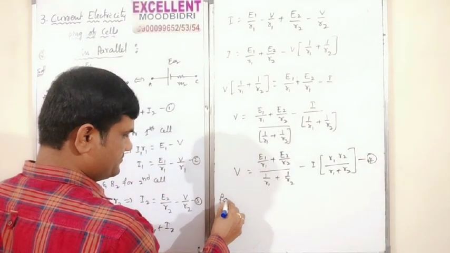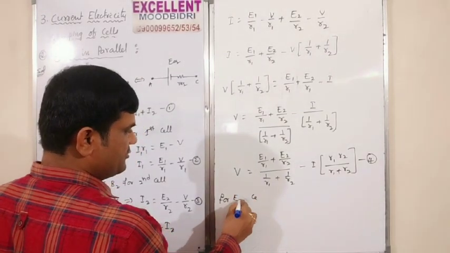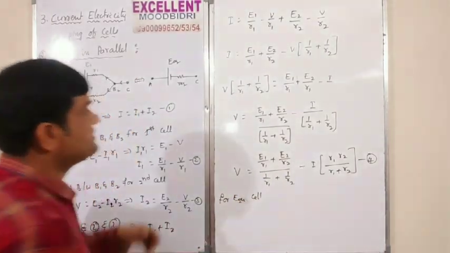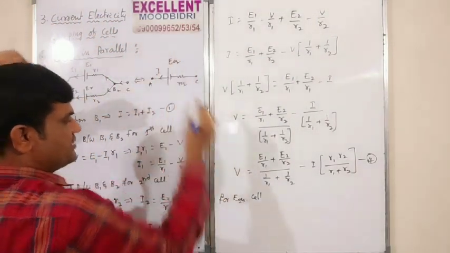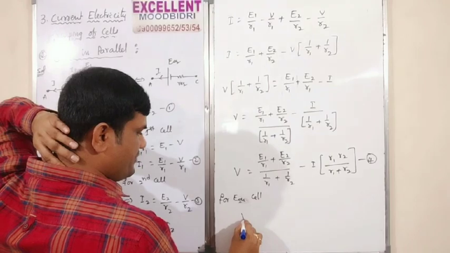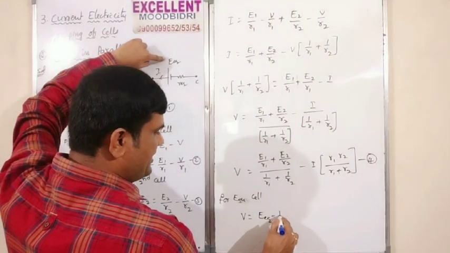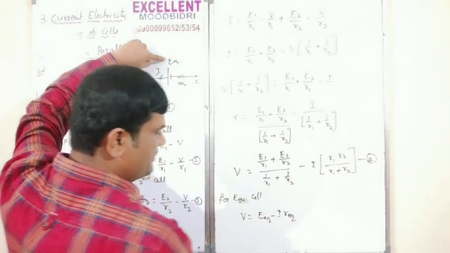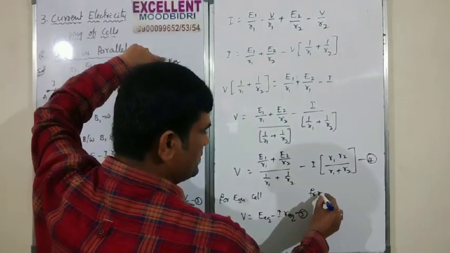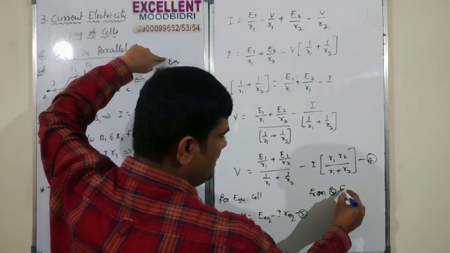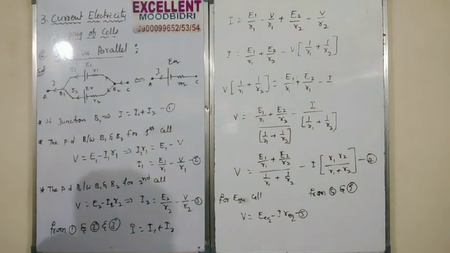Then for the equivalent cell, the potential difference is how much? Current is I. Therefore, potential difference V is equal to E equivalent minus I into R equivalent, which is equation number 5. So from 4 and 5 you have to compare. What is E equivalent?